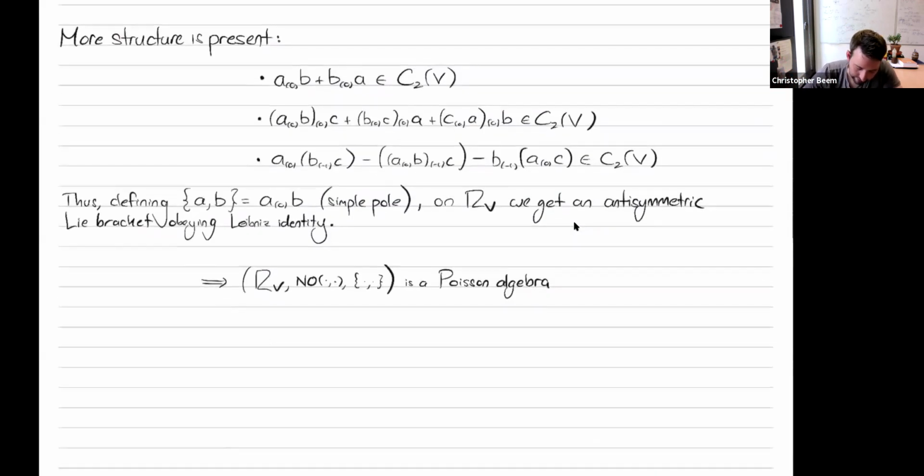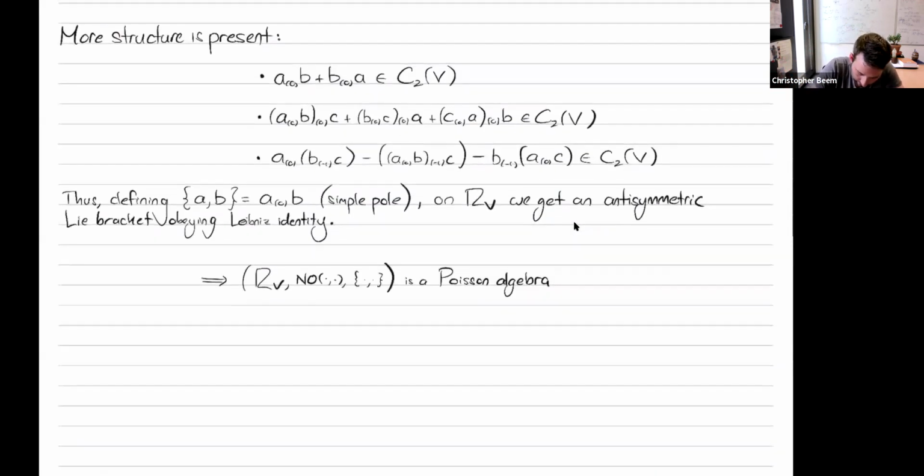And you can check more things. If you look at the zero subscript operation, which, if you recall the conventions, corresponds to looking at the simple pole in the OPE between two vertex operators, then the symmetrizer of that lives in C2 of V.